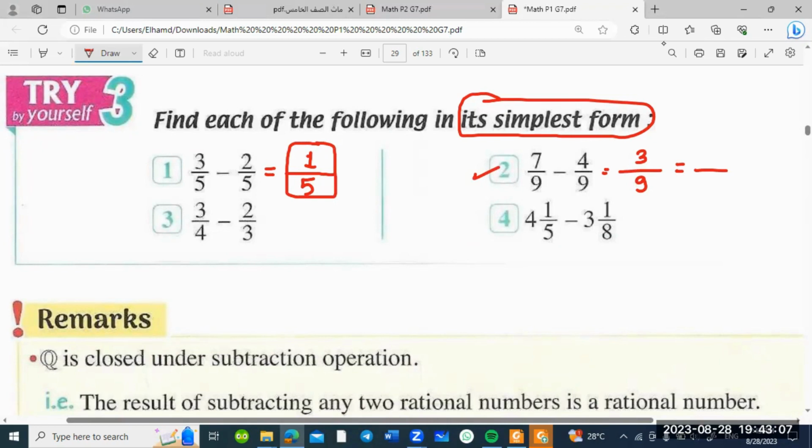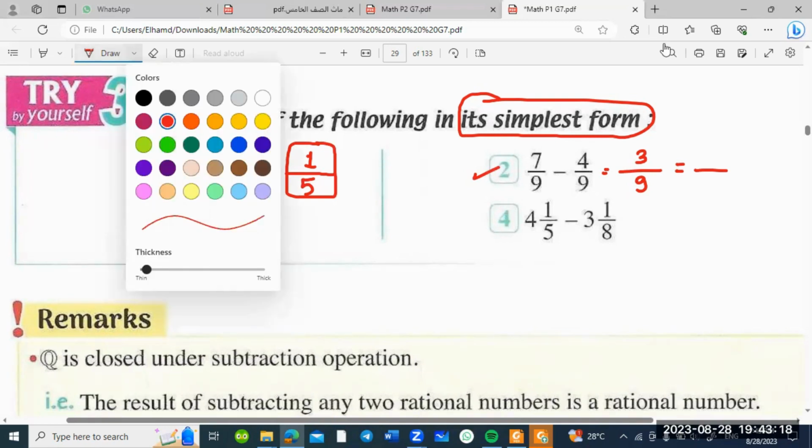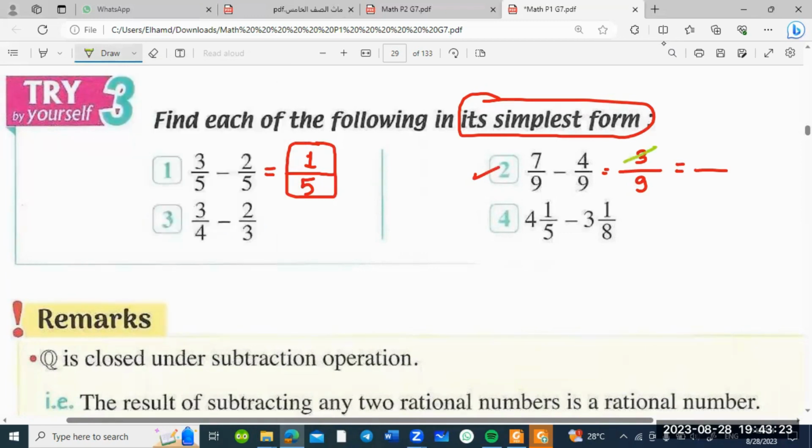Do we have any common factor? Yes, 3 and 9 are both in table 3, so I can divide up and down by 3. It will give me 1 up and 3 down. So the simplest form here is 1 over 3.